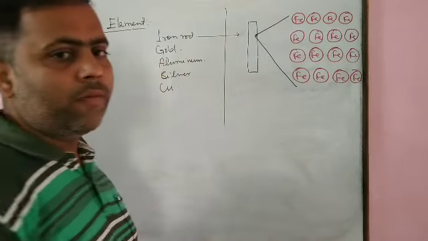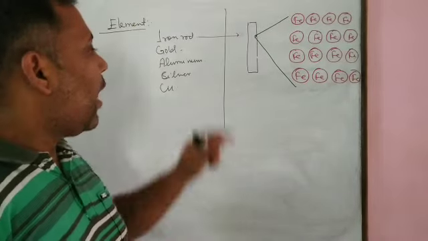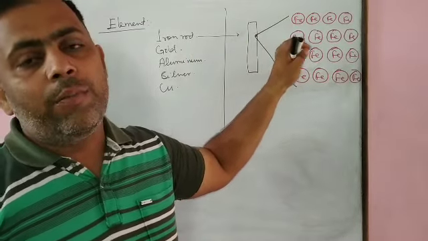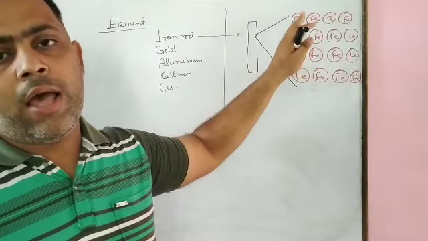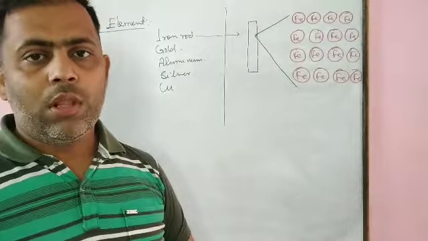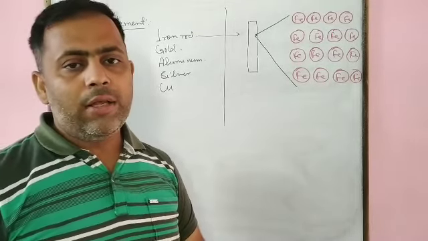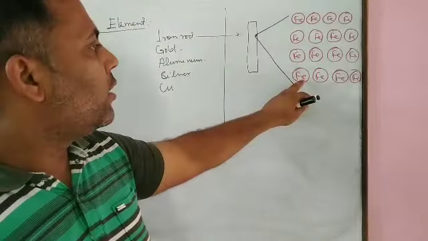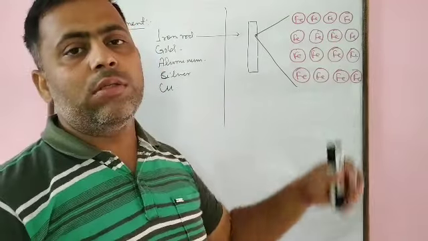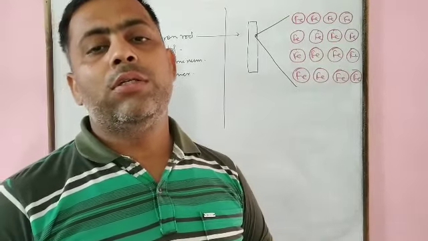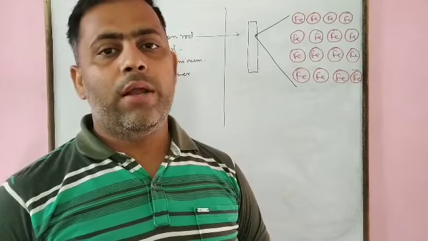What do we observe? That the iron rod is only and only composed of iron atoms. And we know the iron atoms are identical. This iron atom is identical to this one. It means an element is composed of the same kind of atom.